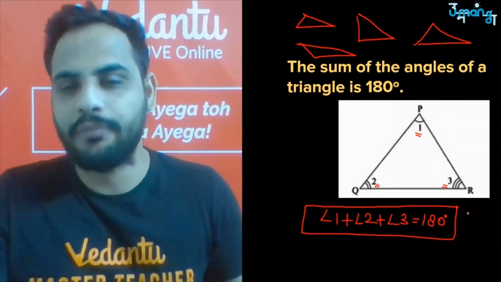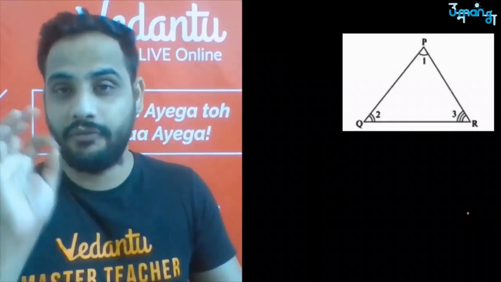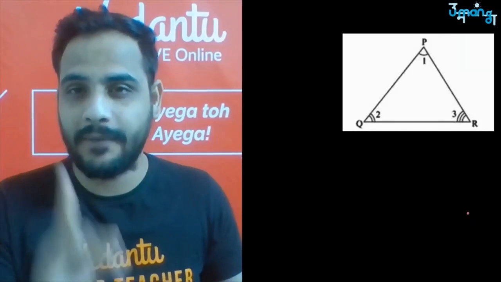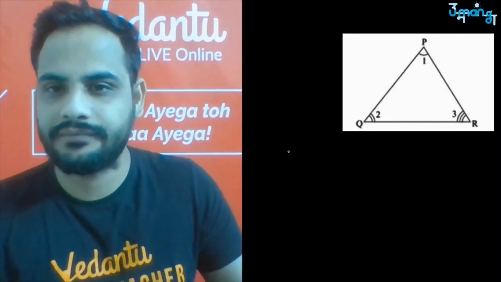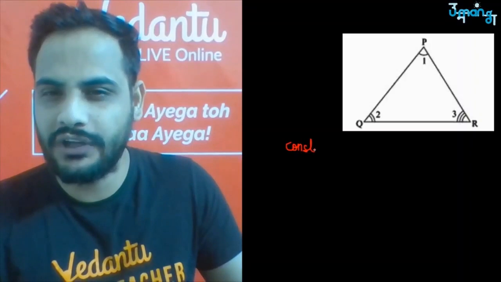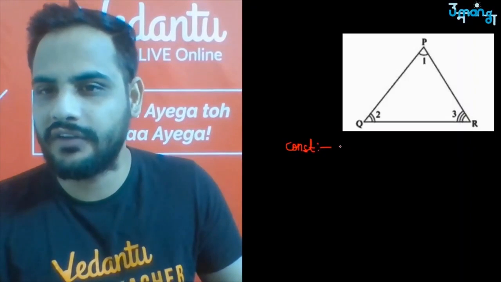अब देखो, how do you prove this part? The proof is very important from your exam point of view as well. For proving it, you need to do one construction. What is the construction?